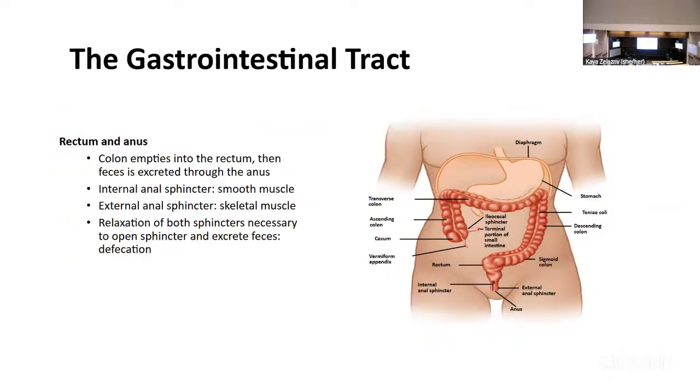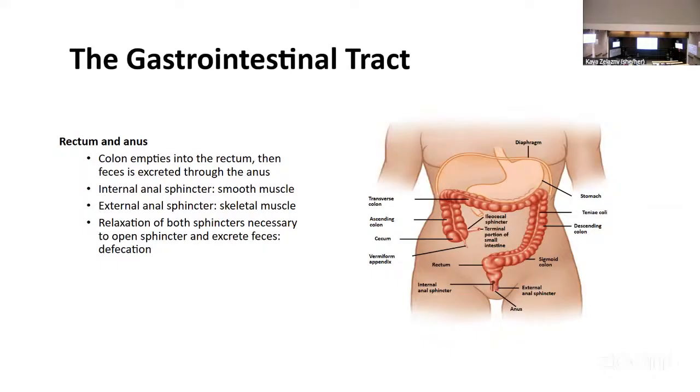Okay. So when we get to the rectum and anus, so rectum, the straight up and down part, anus leaving the body. So the colon's dumping into there. We're going to pass through two sphincters before you leave the body. So the sphincters are on either side of the anus. We consider them part of the anus. The internal one you pass through first is made of smooth muscle. So that smooth muscle part means that that part's not really voluntary, right?